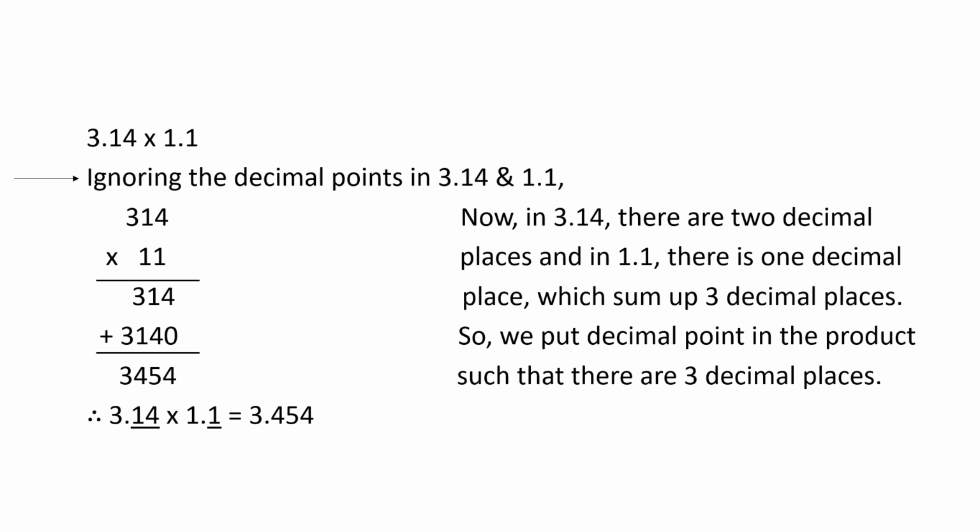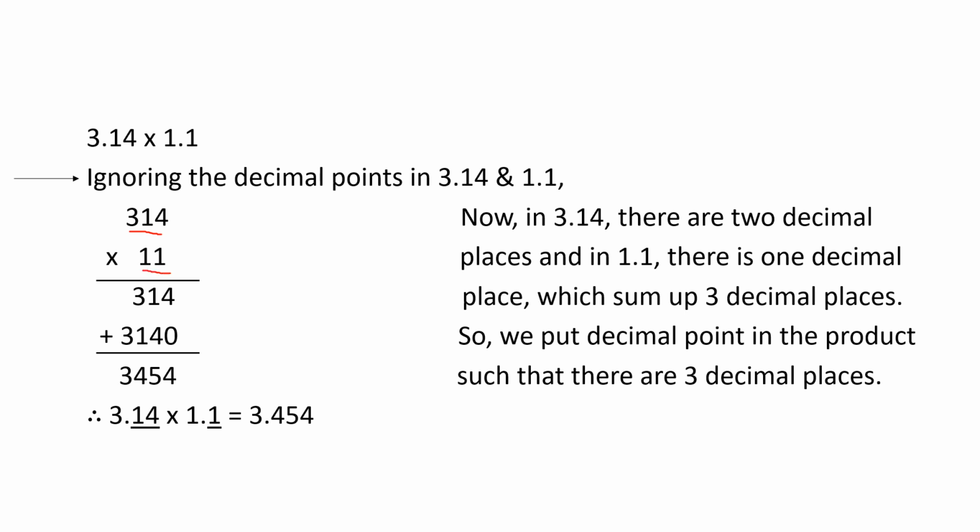Okay students, in the last slide we saw the example of multiplication of a decimal by a whole number. Now here we'll see multiplication of a decimal by a decimal. So 3.14 into 1.1. So first what we'll do, we'll ignore the decimal points and we'll multiply these numbers, right? That means we'll multiply 314 and 11.